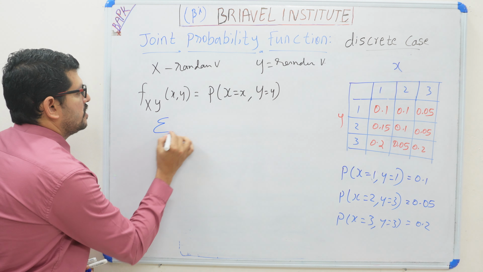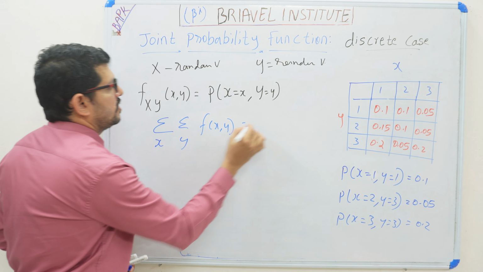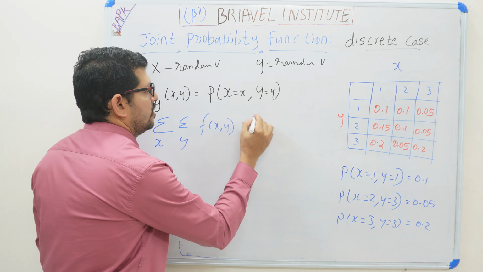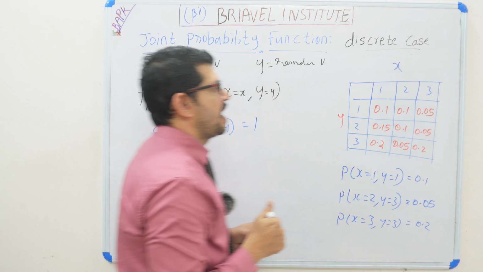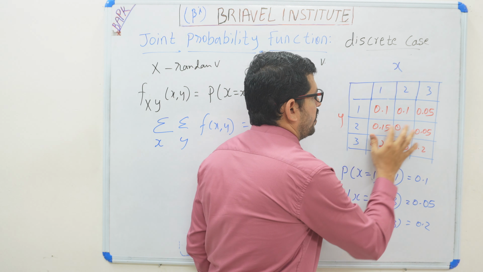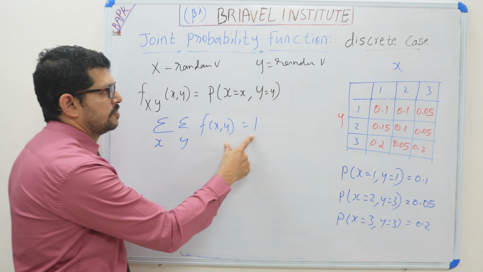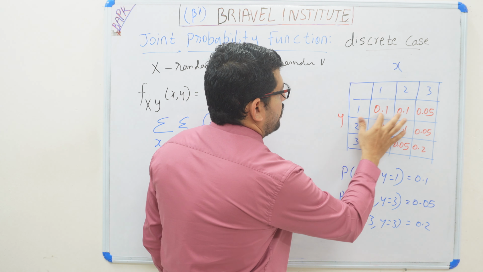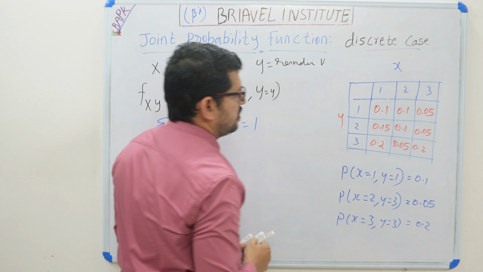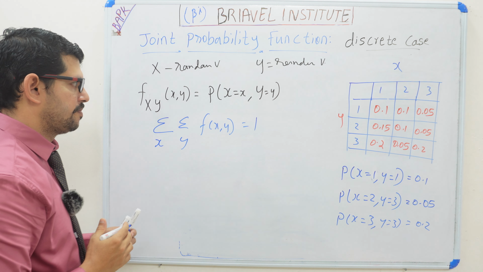Now we have sigma x, sigma y, f of x comma y. This is the total probability. Total probability of x and y will be 1. If you add this, 0.1, 0.1, 0.05 and 0.15, if you add all the probability values in the graph, you will get the total probability as 1.